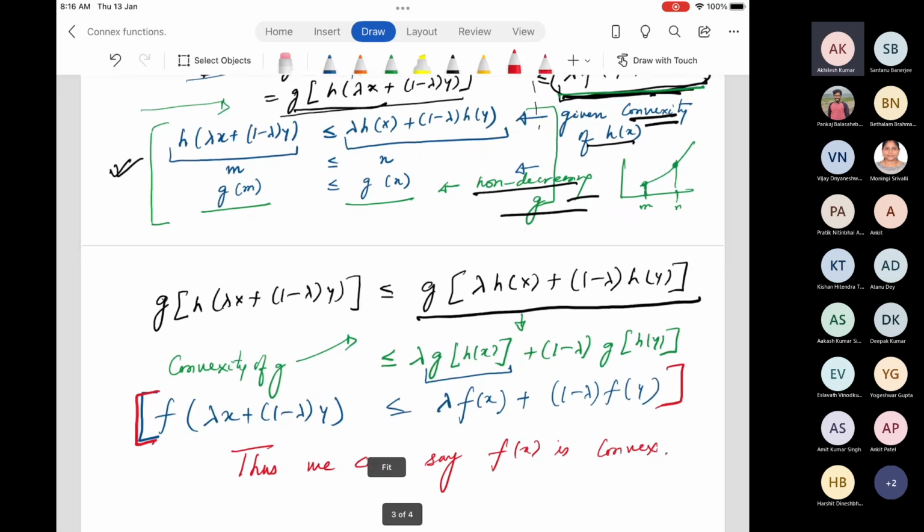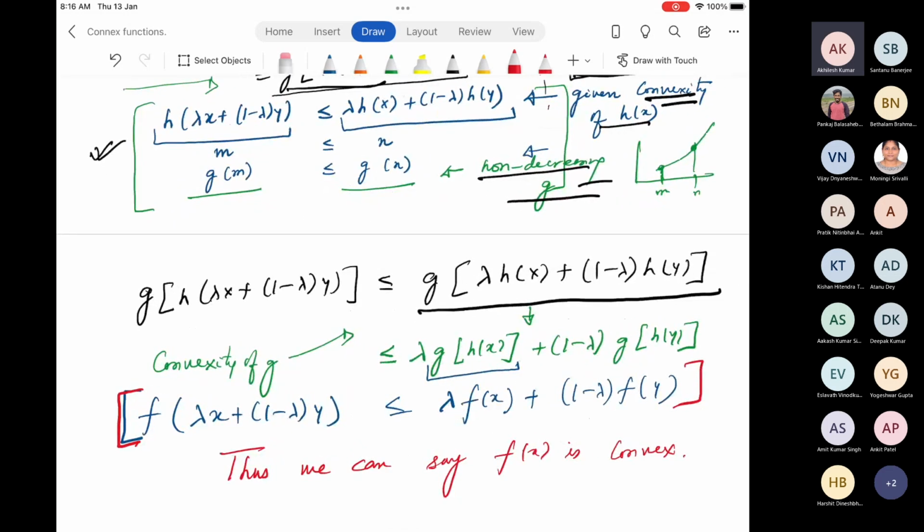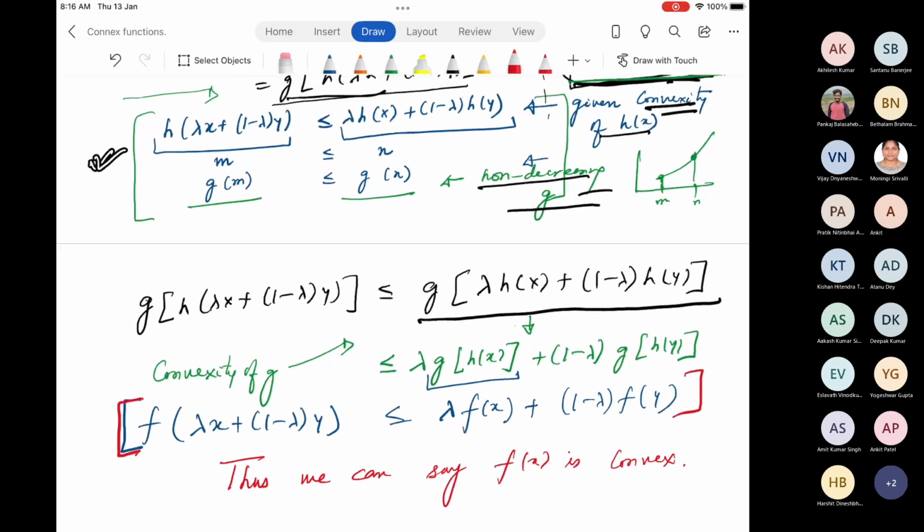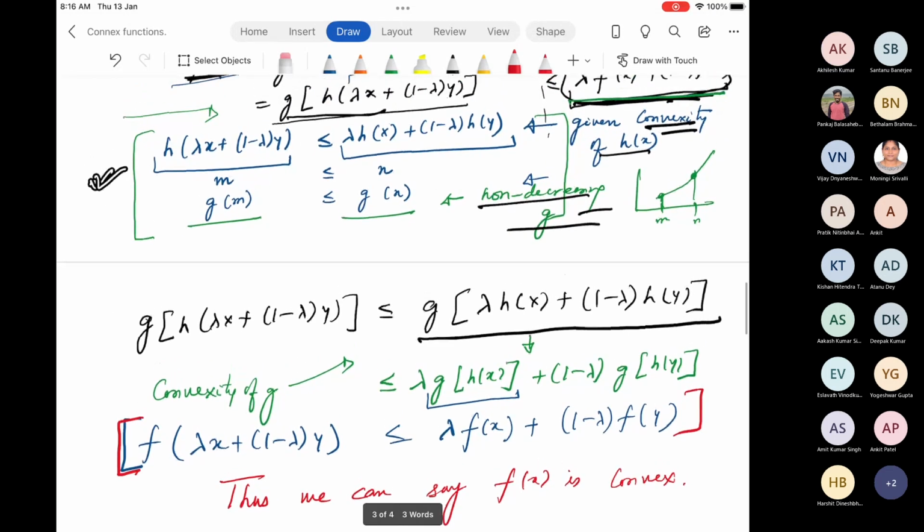Is this example clear, guys? So what is the importance of solving a problem like this? Many a times you formulate some problem and a composite function is your final objective function.